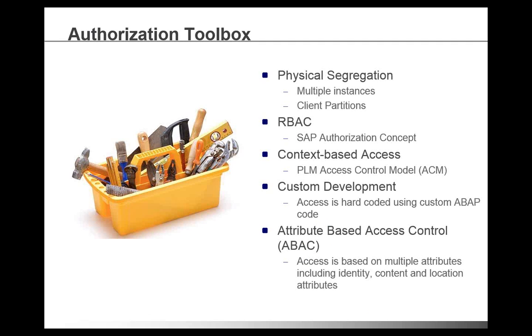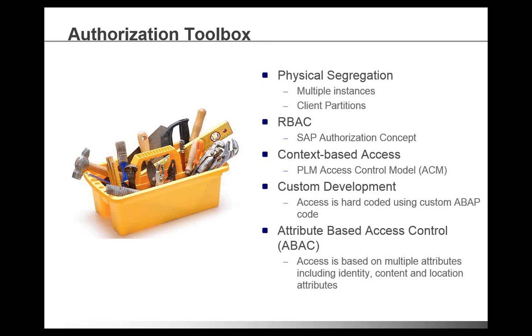There are rudimentary and basic ways of segregating access by using physical segregation, multiple instances, or client partitions, and very fine-grained ways of controlling access through context-based or attribute-based access controls. And if everything fails, there is custom development, which means that you are writing additional custom code and custom authorization objects in all your standard or custom transactions.